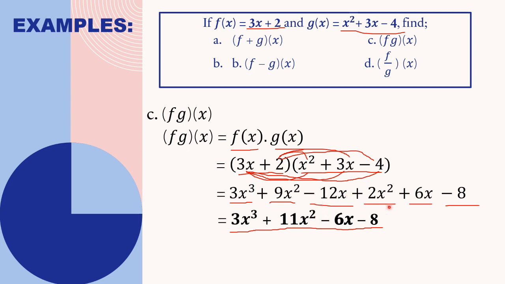Then negative 12x plus 6x, of course, negative 6x. Then here the constant, we have negative 8. Therefore the answer is 3x cubed plus 11x squared minus 6x minus 8. Okay?